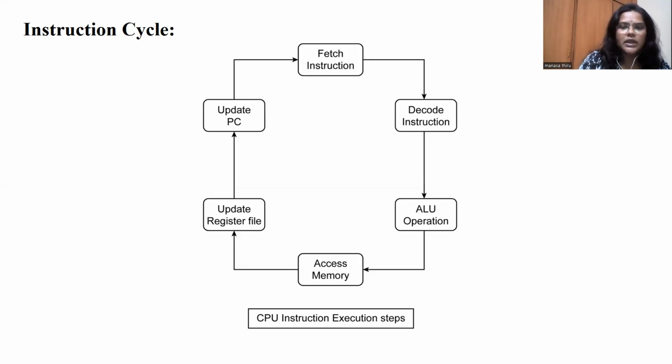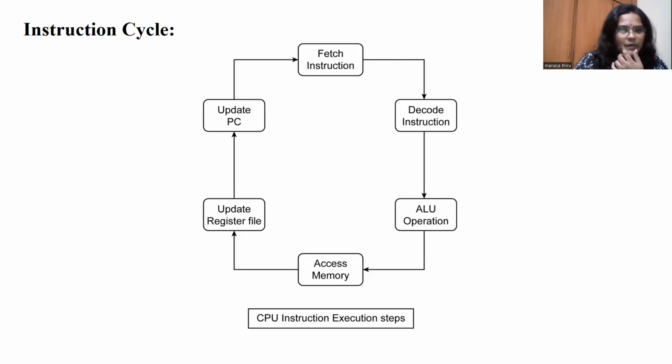And next is ALU, arithmetical logical operations. Here all the arithmetical and logical operations will be performed. This is the third step. And the fourth step is access memory. Here, accessing memory means the memory will be accessed in two ways: to store the data into the memory, or to use the data which is already stored in the memory.